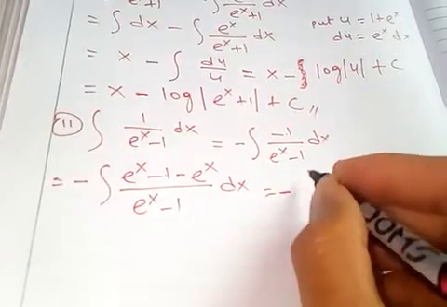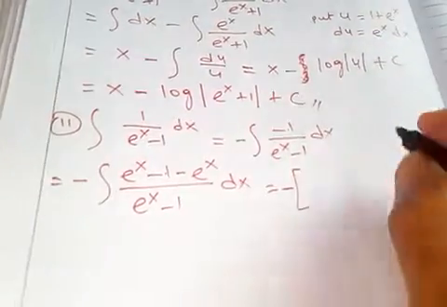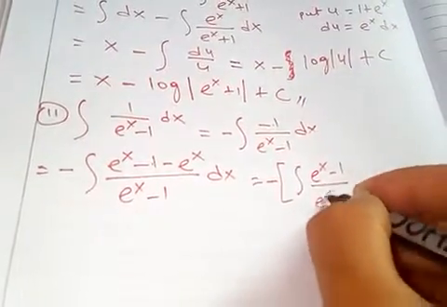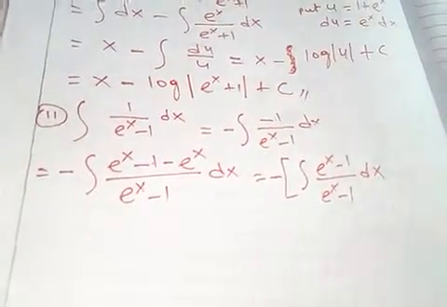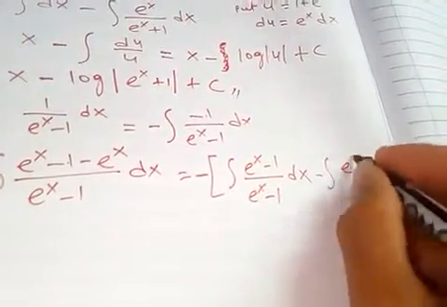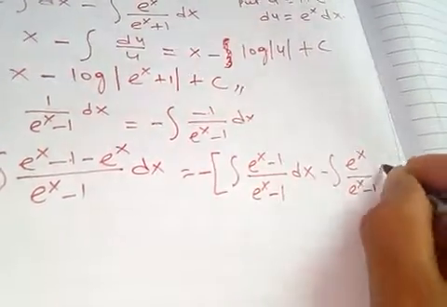So minus, just separate them, minus is common on both sides. The integral of e to the x minus 1 over e to the x minus 1 dx, minus the integral of e to the x over e to the x minus 1 dx.